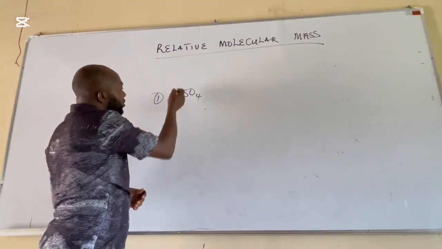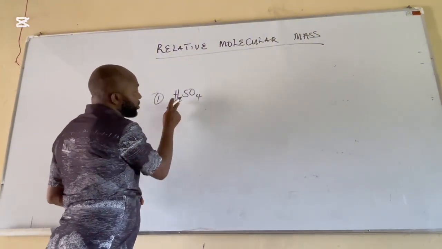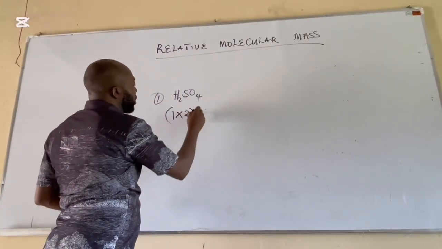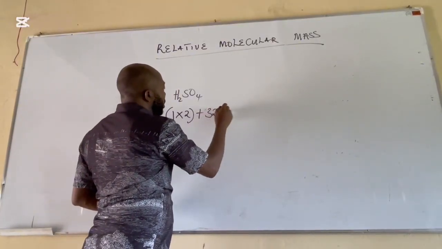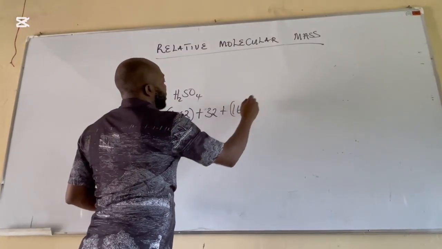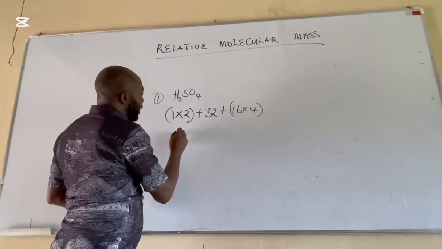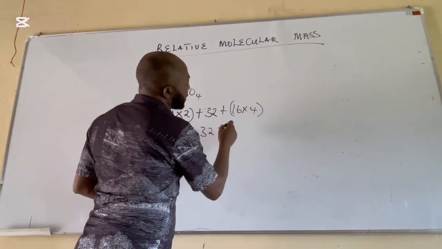So let's begin. Hydrogen has an atomic mass of 1, and the subscript here is 2, so 1 times 2. Put it in a bracket, plus sulfur is 32, plus oxygen is 16 times 4. So now 1 times 2 here is 2, plus 32, plus 64.